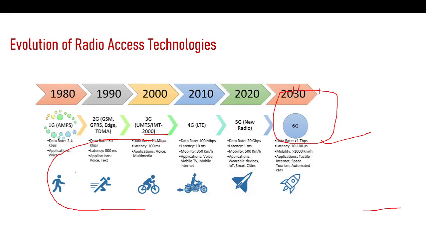I see the explanation that you have done. You said about the evolution from 1G up to today we have 5G and 6G, which is not here yet.